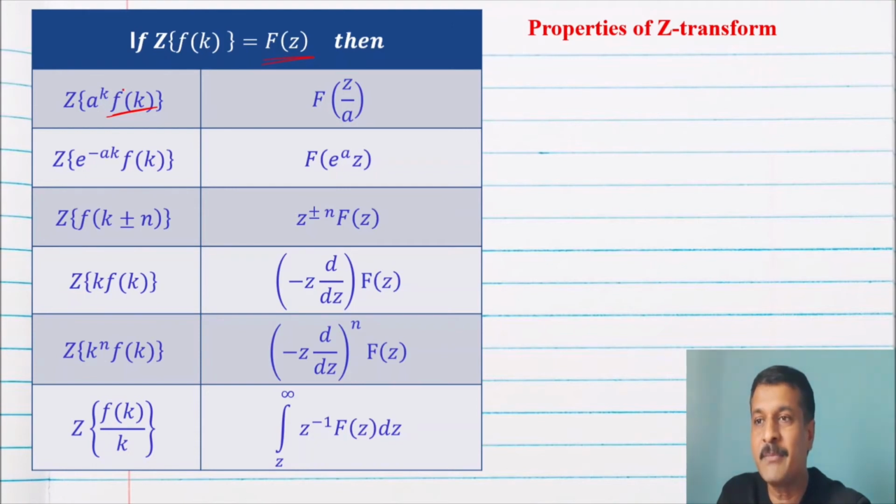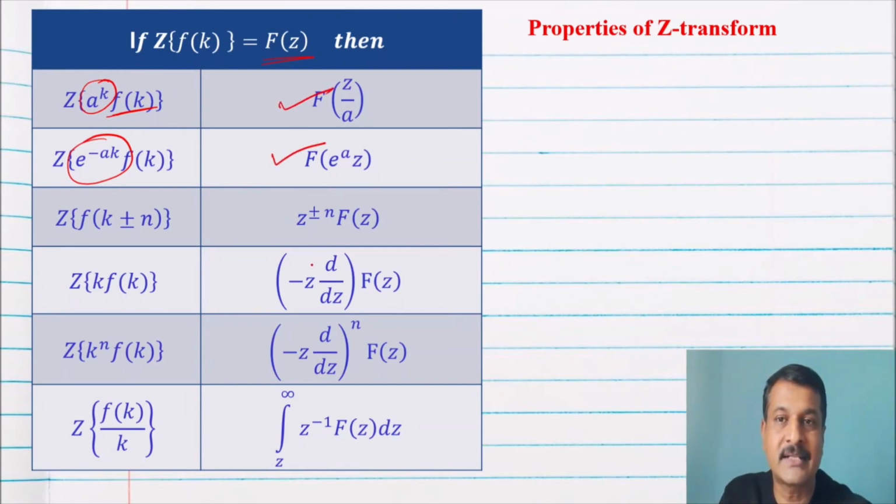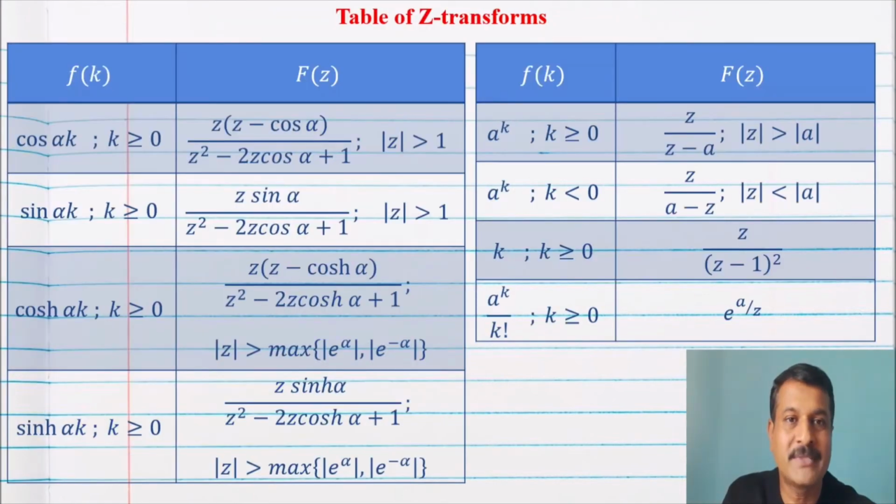If we multiply with a raised to k, or e raised to minus ak, with that f of k, I can write directly the Z transform of it. If we multiply by k raised to n, or divide by k, you can remember directly the Z transform of that. Also, remember the table of Z transform.